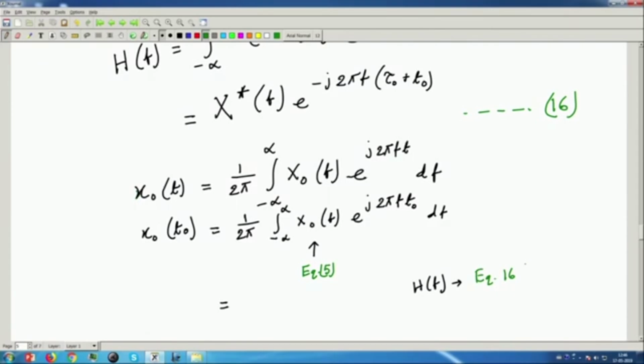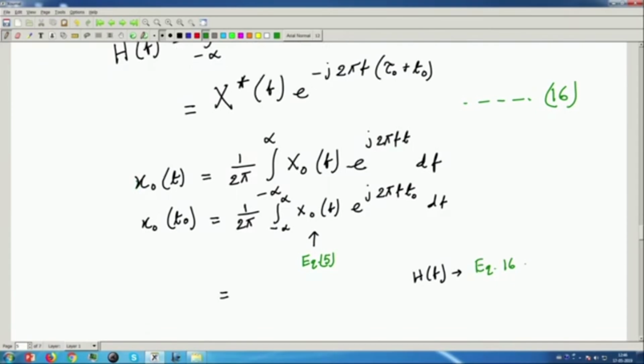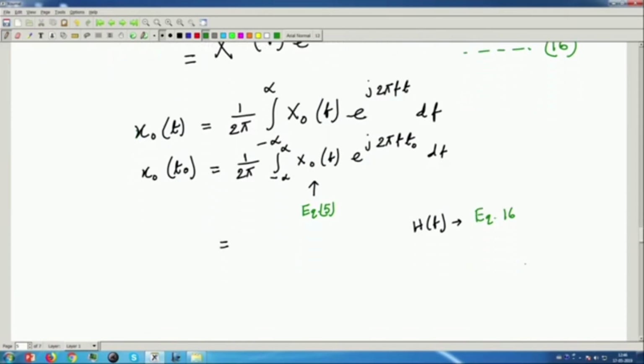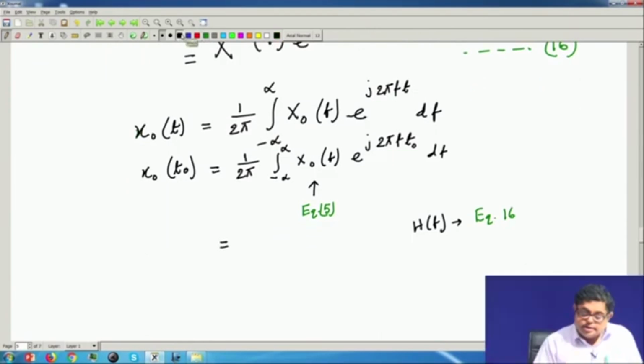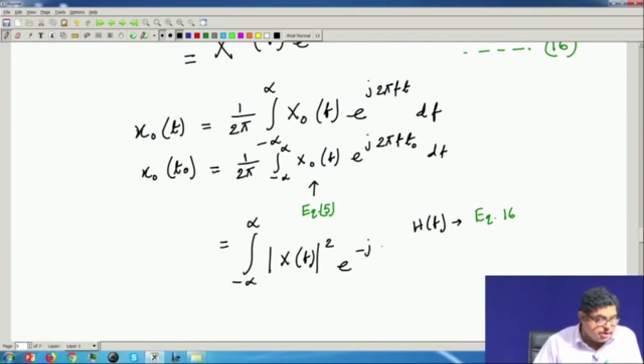If you do that, then you will be able to get that this becomes integral of x f square e to the power minus j 2 pi f, again tau naught plus t naught, d f.